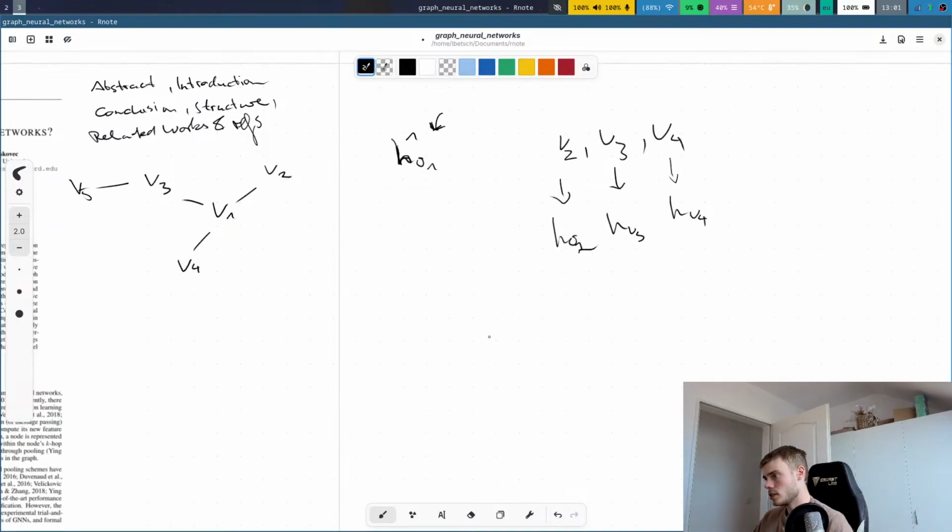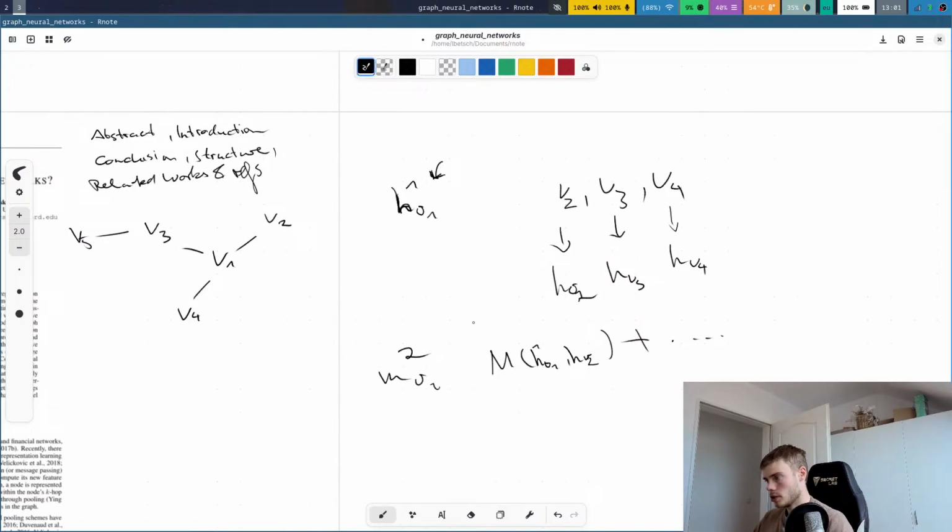For each of them, they apply a message function of HV1 with all of the neighbors, and they sum them up to a message of V1 at time step 2. So this is the message function.